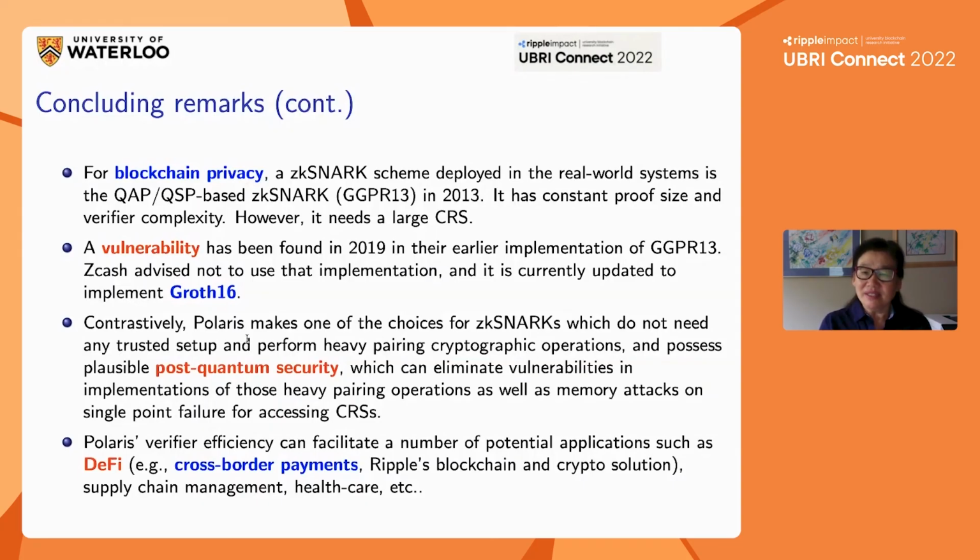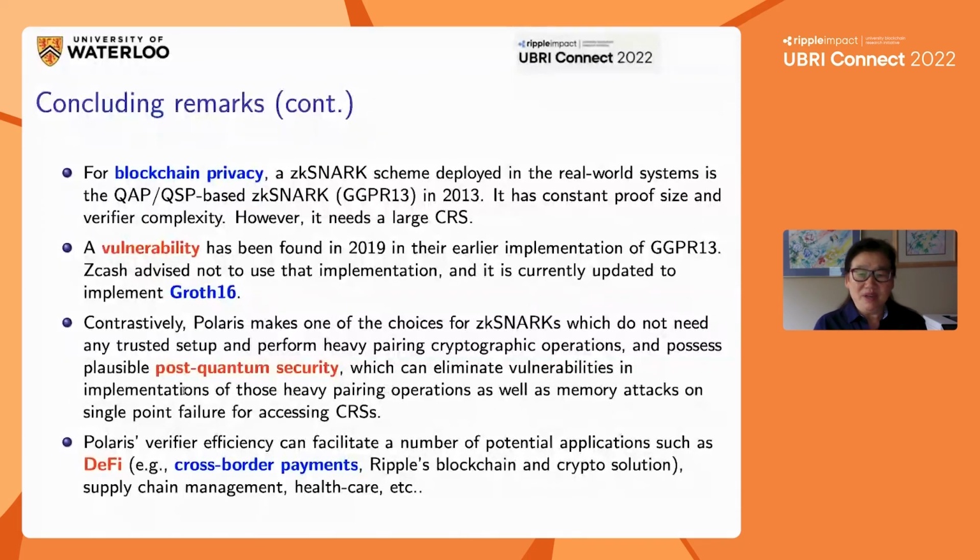So Polaris is a zkSNARK with transparent setup. It has post-quantum security, which can eliminate many vulnerabilities caused by computation of heavy crypto operations.